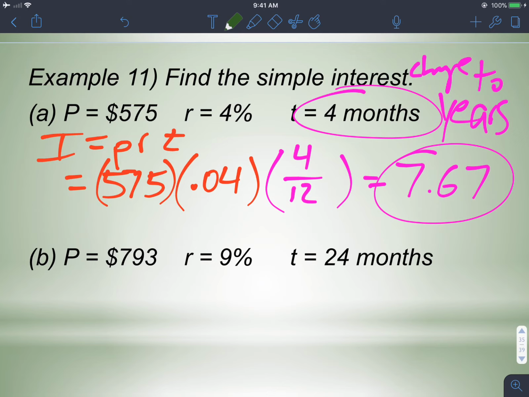Did anybody try the second one? You tried it? All right. For the second one, what did you get?